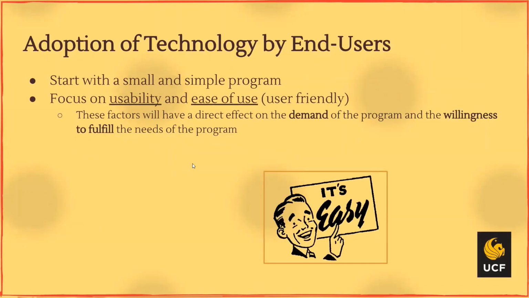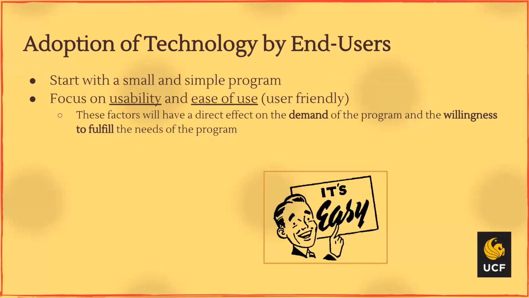Now I'm going to put emphasis on what's called adoption of technology by the end users. And it's really important that if you are starting a program for the first time, you start small and you stay very basic and simple, and see how this initial program and this initial venture works.